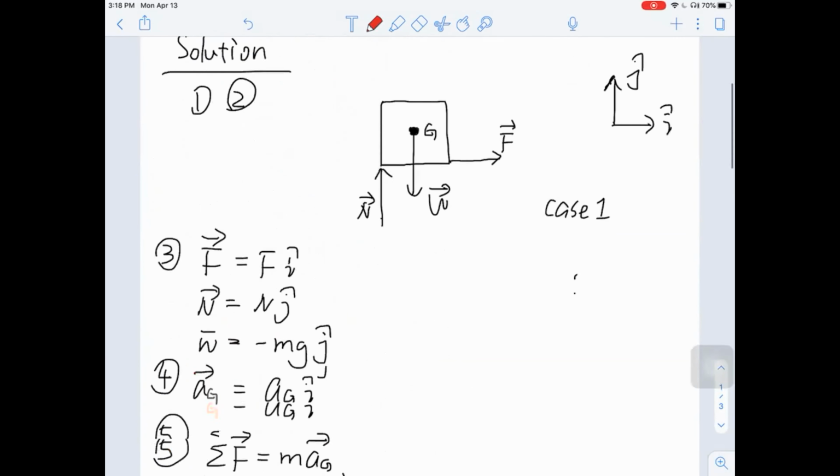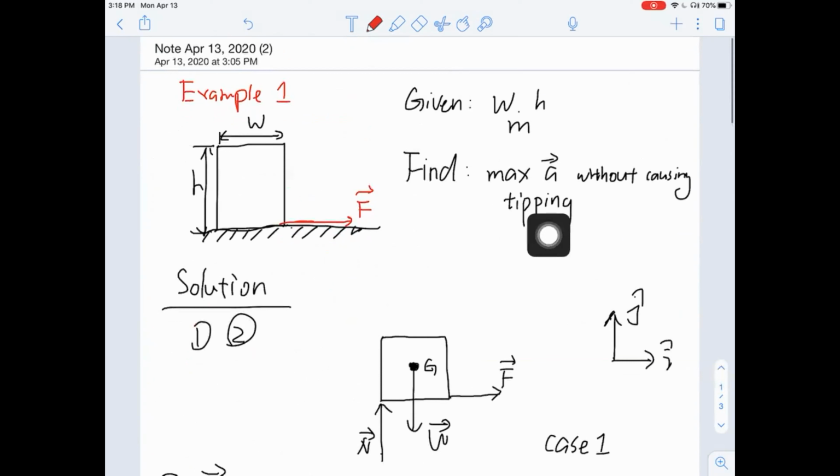So if we go back here, we want to find out the case without any tipping, without having the rigid body rotate like this, right? This is kind of like rotation of the rigid body.